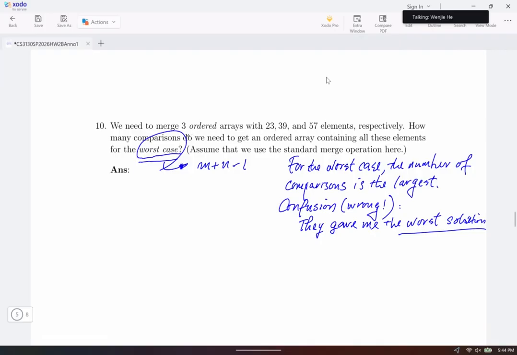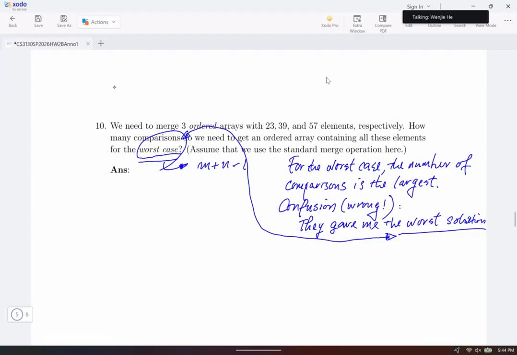We are targeting the worst case, but some students gave me the worst solution. Can you see the difference? So what do we need for the worst case? For best case, no confusion, because we want to get the minimum number of comparisons, right? But for the worst case, there is confusion, because minimum number of comparisons or maximum number of comparisons, some students got confused.